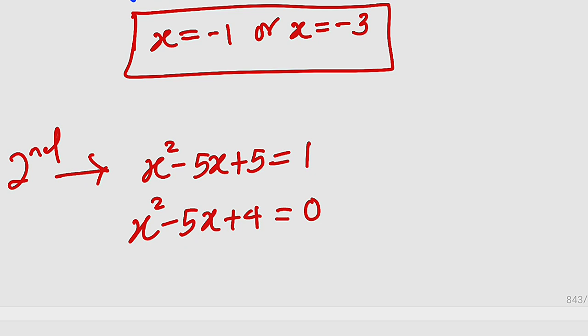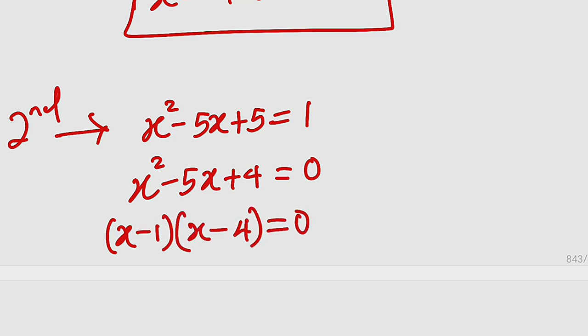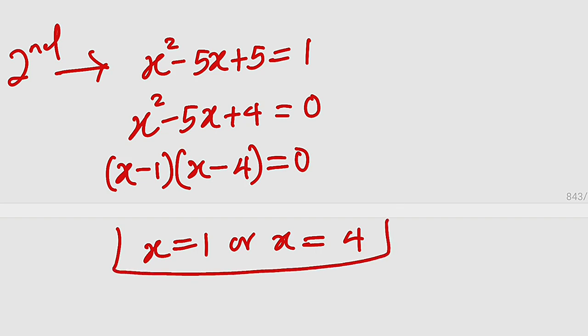The numbers are -1 and -4, right? So we have (x − 1)(x − 4) equal to 0. If you set each factor to be equal to 0, it implies that x either equals 1 or x equals 4. We don't have to test for anything here because the exponent can be any real number. So we have so far 4 solutions.